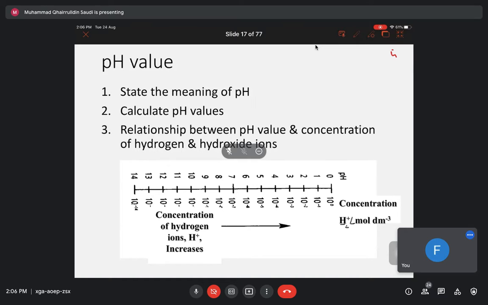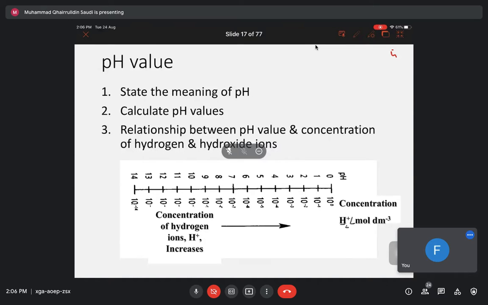Kita dah belajar yang tu, and we already discuss module page 132 until 134. Mostly on the explanation on how to explain the role of water in showing the alkalinity and acidity of acid and bases. So today we are going to continue with pH value.